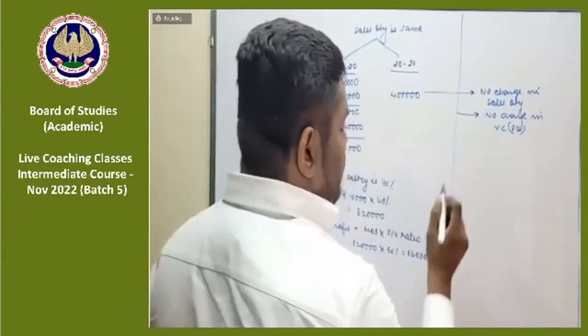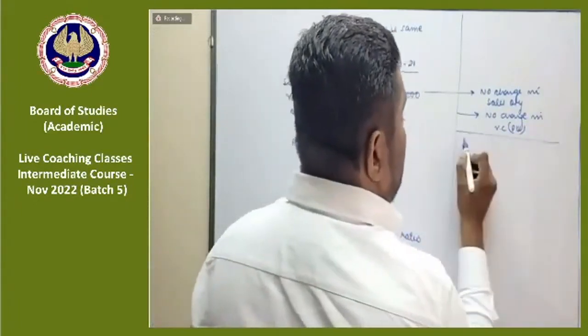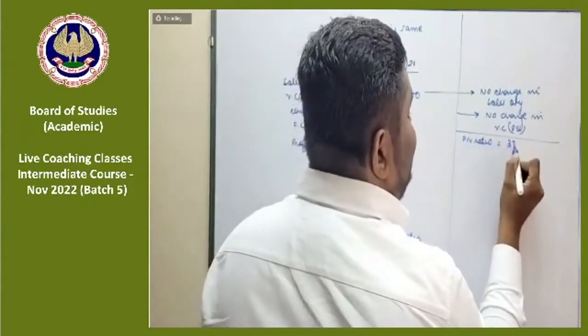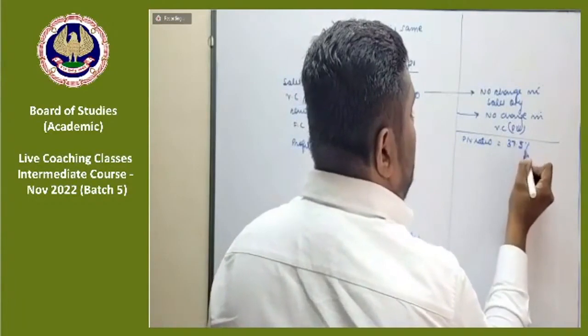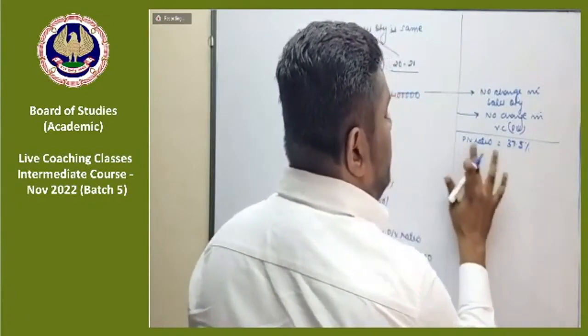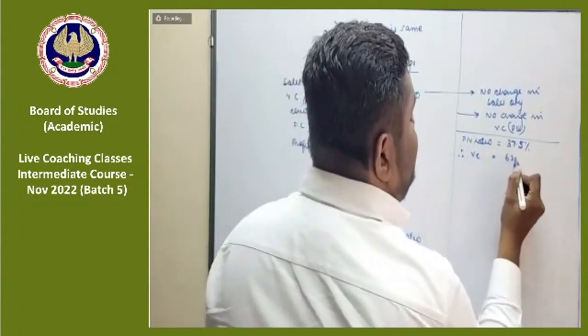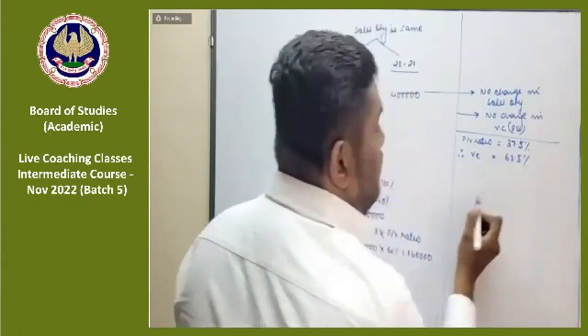Now the PV ratio is 37.5%. Therefore, variable cost will be 62.5%.